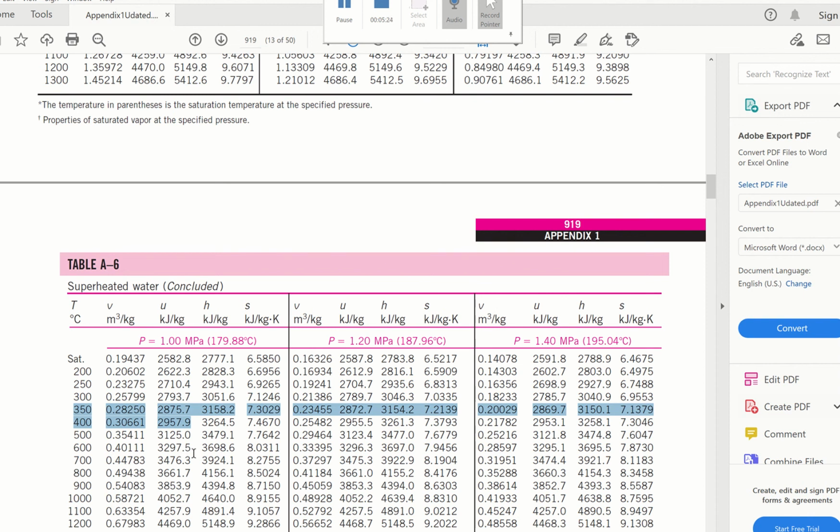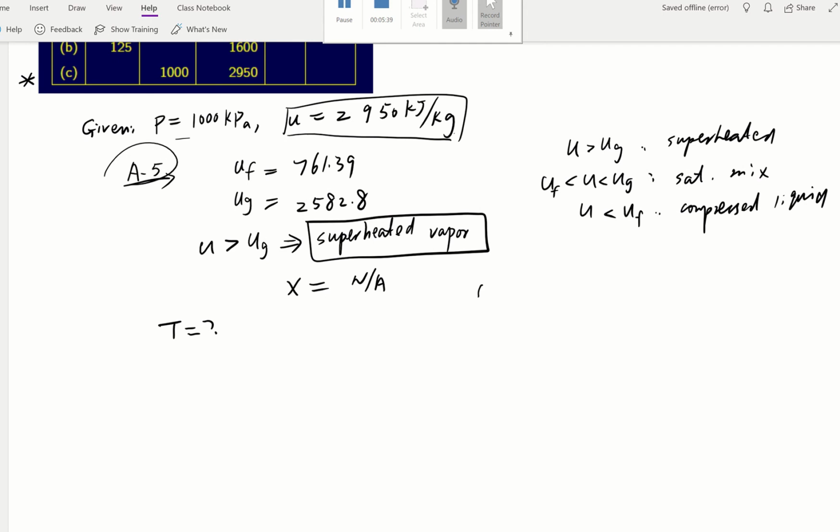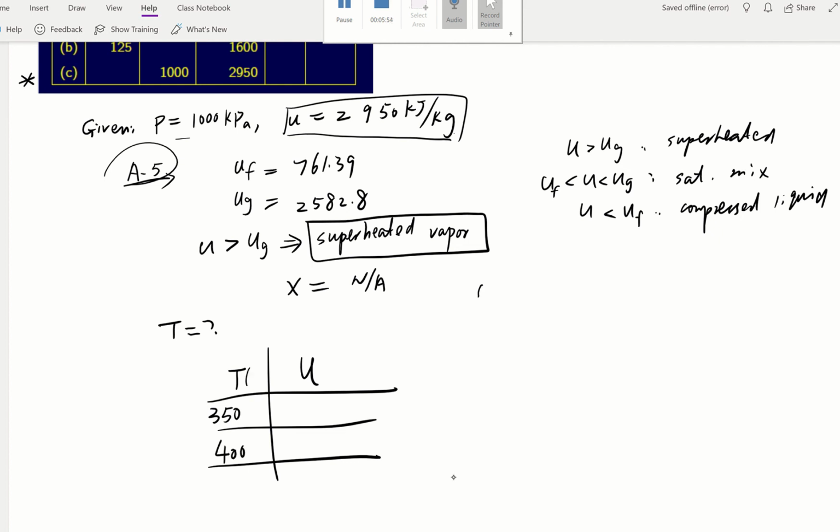So I'm going to take a picture of this right here, and I'm going to get back here to see my U. I'm going to write down a table, a temperature column and a U column. Our temperature column, we said it's between 350 degrees Celsius and 400 degrees Celsius.